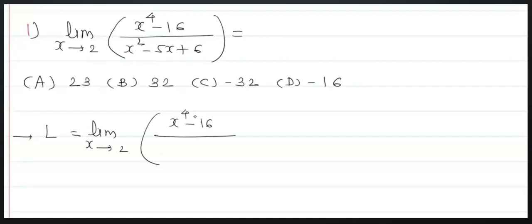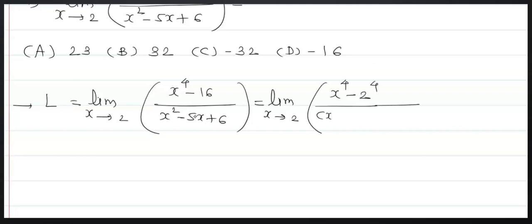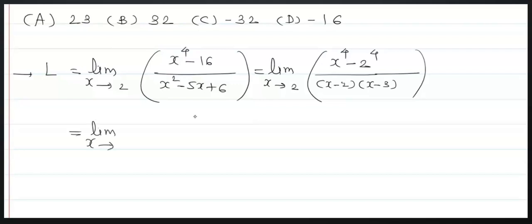Limit x tends to 2, x raised to 4 minus 16 upon x square minus 5x plus 6. Limit x tends to 2, x raised to 4 minus 2 raised to 4. The factors of the denominator are x minus 2 into x minus 3.